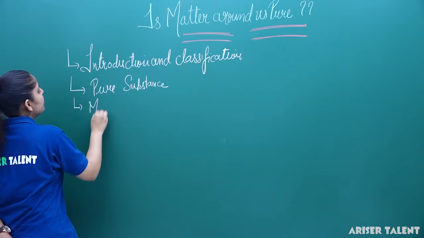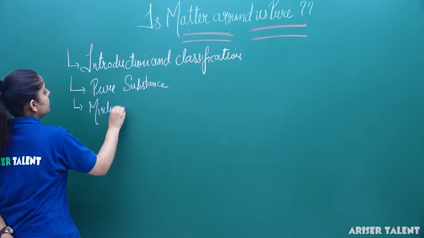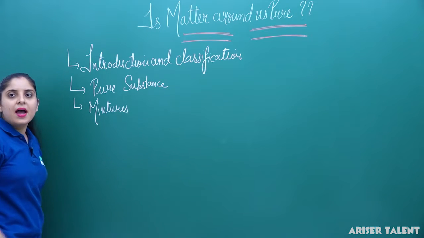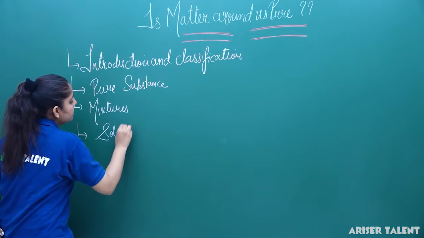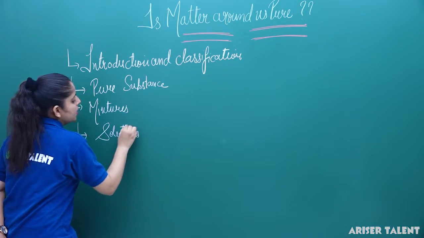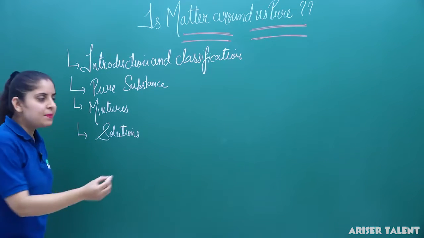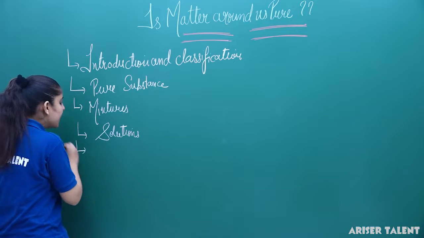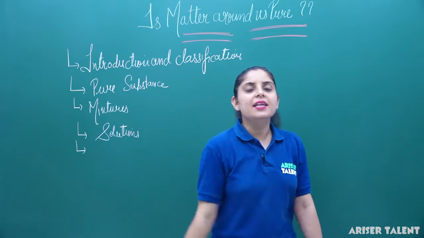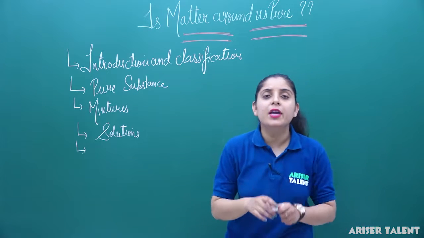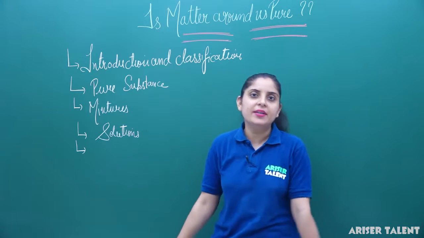Third, we are going to discuss mixtures and their types. Then solutions and their types. This is the first half of the chapter. In the next half of the chapter, we are going to deal with separation techniques.